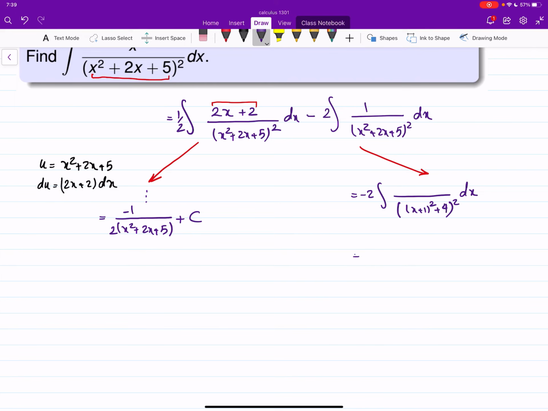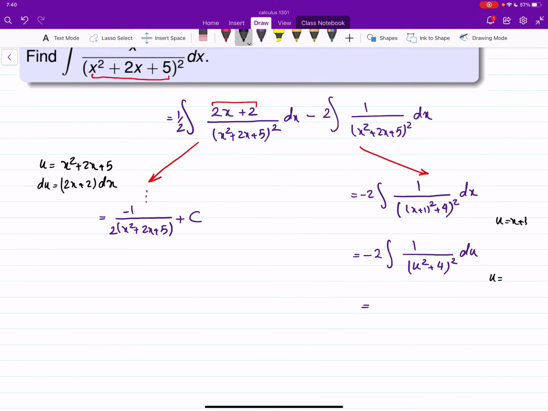And now that we have that one, we set this piece here u to be x + 1, and my integral will turn to 1 over (u² + 4) to the power 2 du. Okay, now I have 1 over u² + 4. Then this is time to use trig substitution.